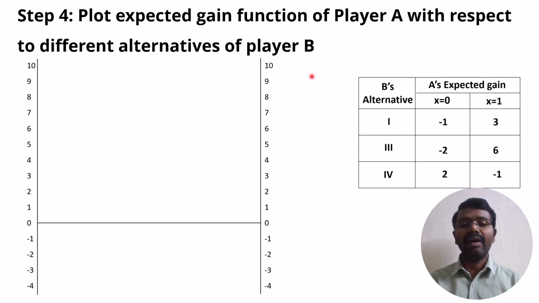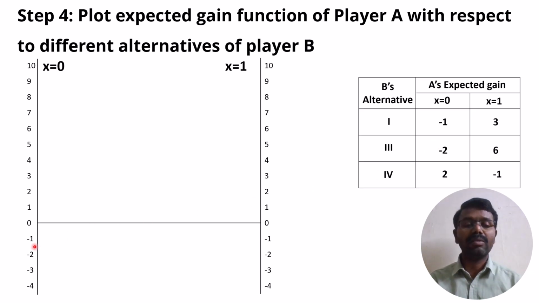In a similar manner for x is equal to 1, we will write the values 0 to 10 and 0 to minus 4. Now let us draw a line for A's expected gain, that is minus 1 to 3. At x is equal to 0, the value is minus 1.